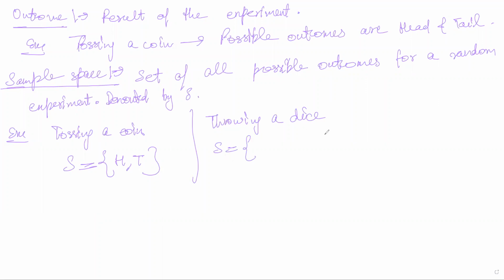Can you tell me the sample space of throwing a dice? आंसर क्या क्या आ सकता है, मतलब what are the possible outcomes of throwing a dice? You can get like 1, 2, 3, 4, 5, 6. Correct. If I form a set with all of these outcomes, this is known as the sample space for this random experiment.